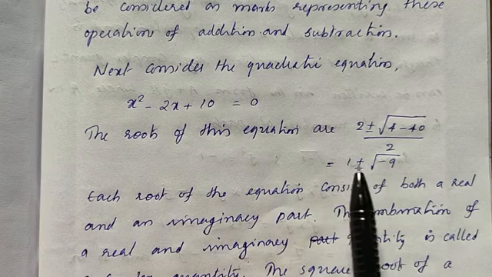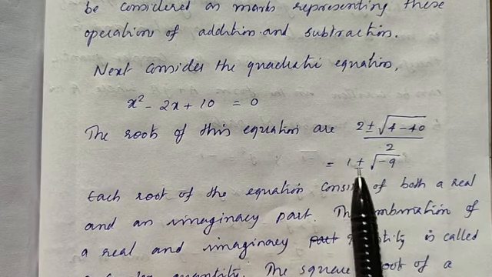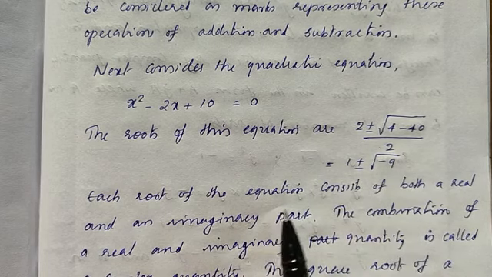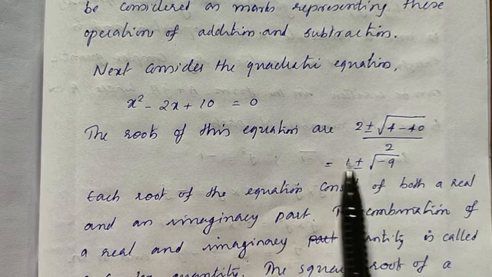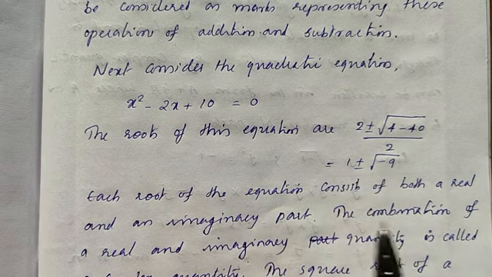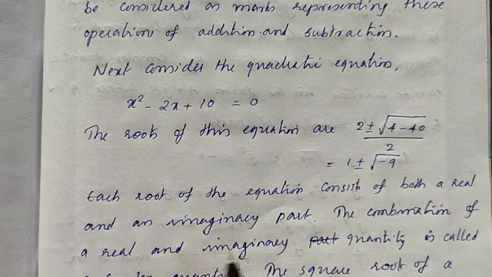So there are two roots, 1 plus square root of minus 9 and 1 minus square root of minus 9, and both roots include both real and imaginary parts. The combination of real and imaginary quantity is called a complex quantity.